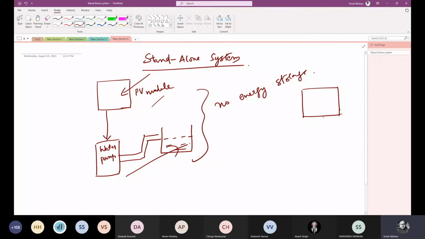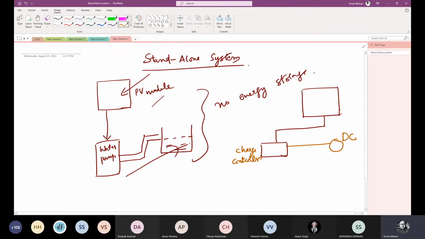So I have, from the PV module, I am going to the charge controller, then from the charge controller, I have directly from the battery, the output of the battery is DC, so I can power DC loads from here.